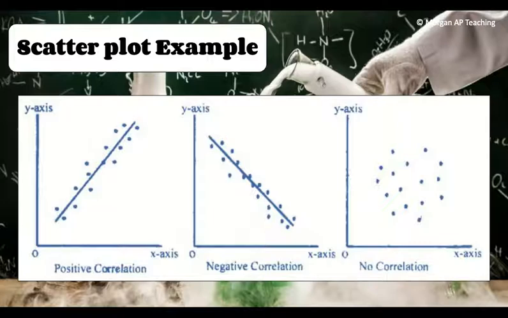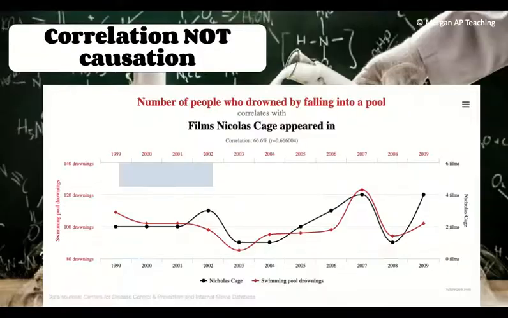So here are a few examples of correlation not equaling causation. I think these are some funny correlations. The number of people who drowned by falling into a pool a year correlates with the films Nicolas Cage appeared in. Is it like every time someone drowns, Nicolas Cage pops up and says, I have to do another movie?